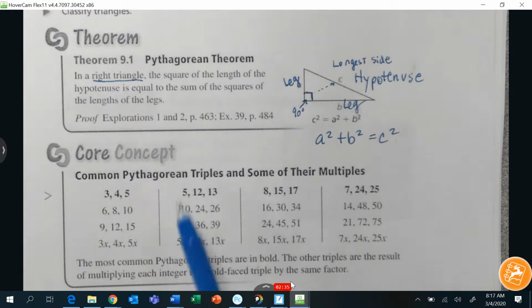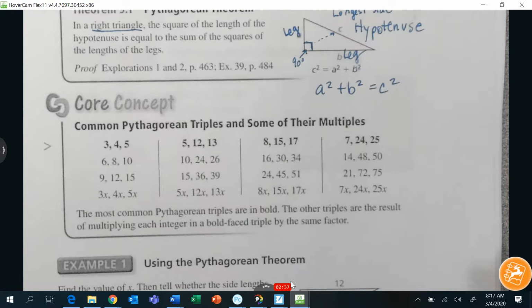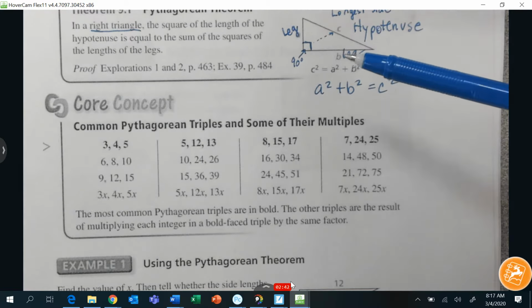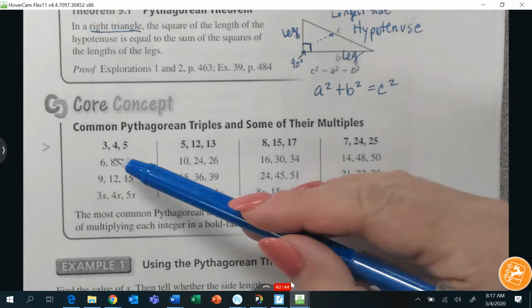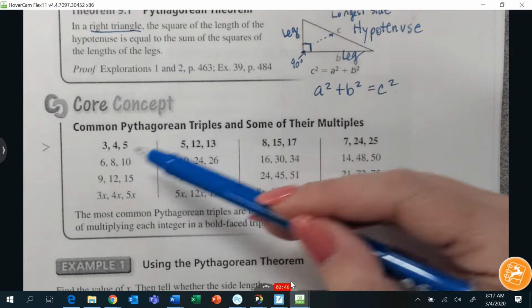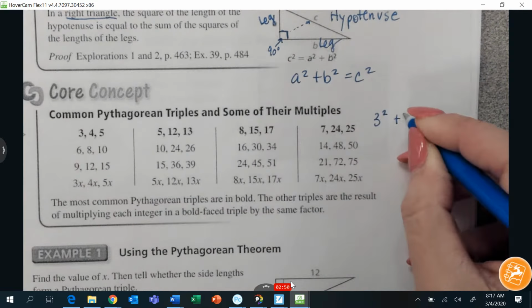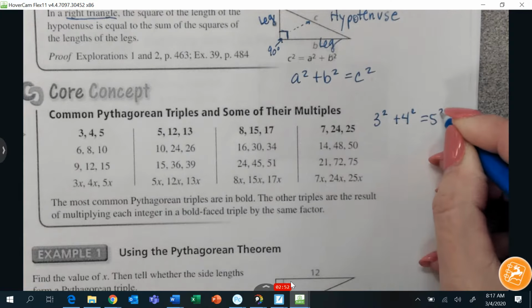Here's a huge selection of these nice integers that make a squared plus b squared equals c squared. My favorite one is 3 squared plus 4 squared equals 5 squared. Let's just check that over here.